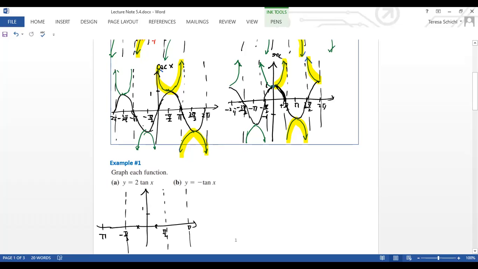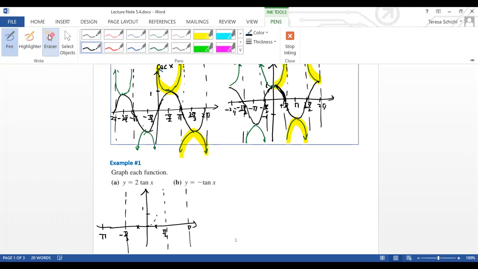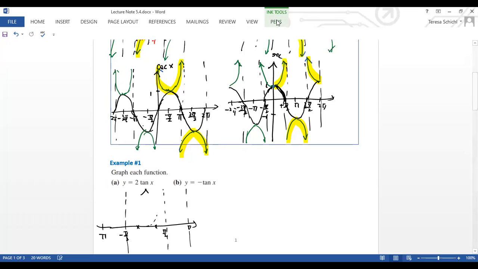So I know my parent function is going to go like this. Here this is pi over 4, this is 1, right?